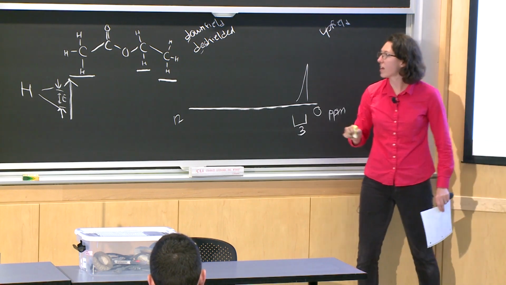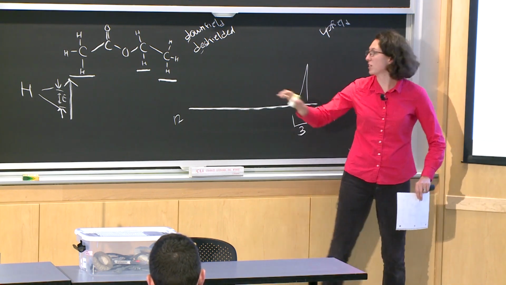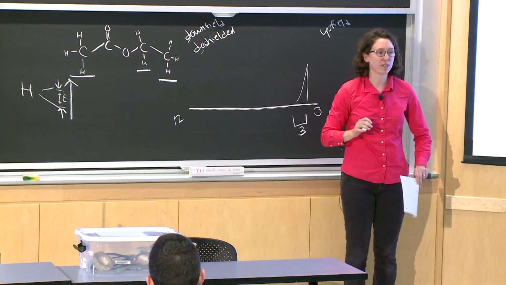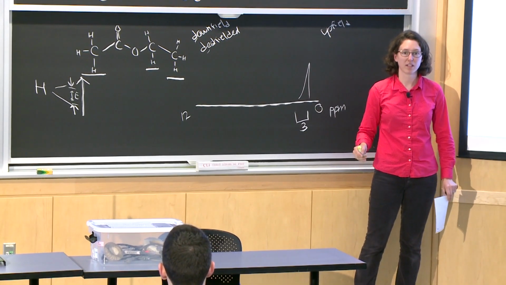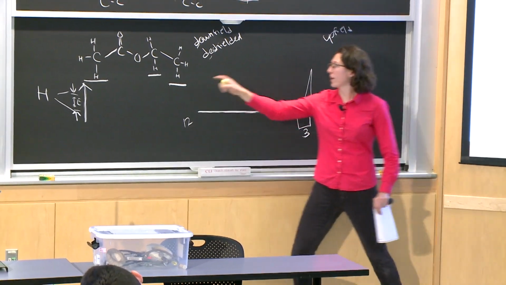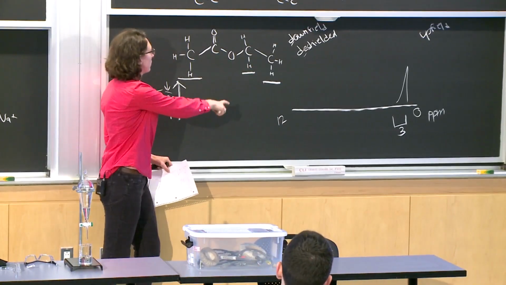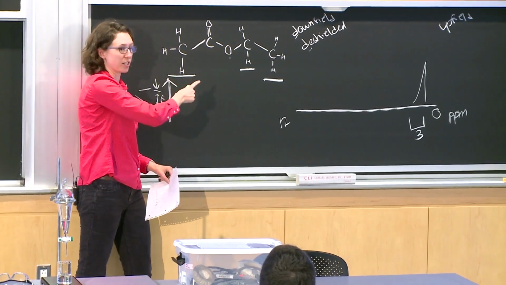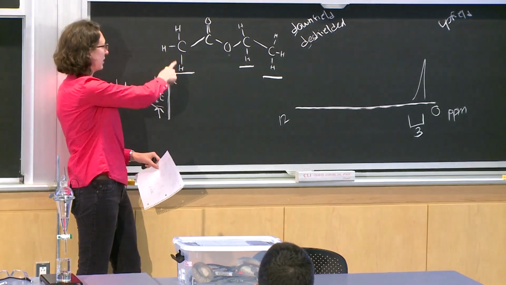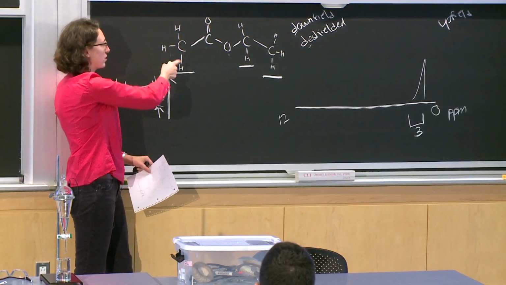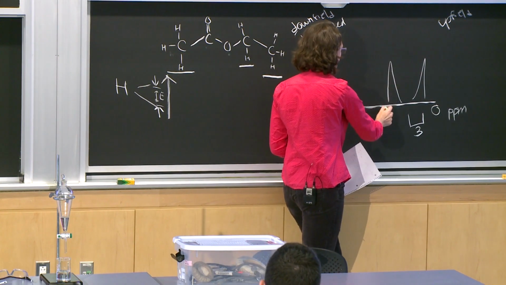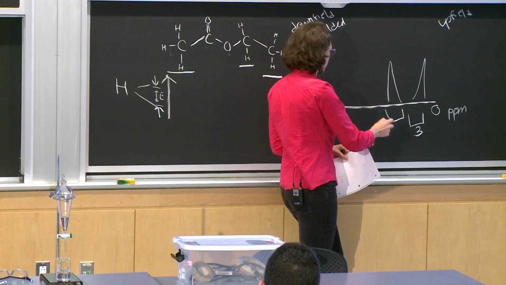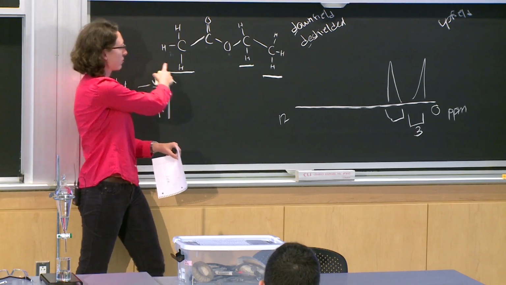All right, so if we look at the remaining 2 groups, which one do we think would be kind of the middle? Or all the way on the left. So these protons here are right next to an oxygen, so they're going to be more deshielded, and these have a carbon in between. So these will be our next signal. So then we'll have another signal here. How many protons? From this group, 3.